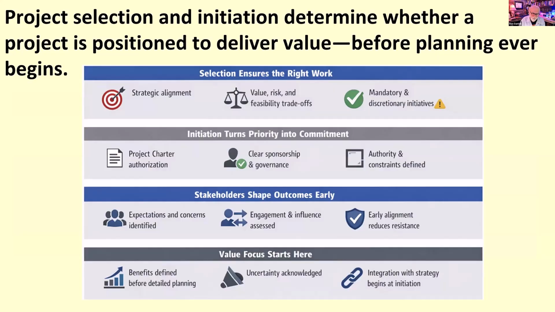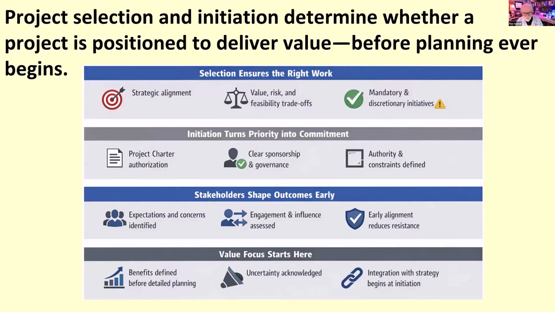We need to understand and remember that project success is largely determined before planning even begins, through all these processes, through selection. So it's about choosing the right initiatives in a constrained environment. And then initiation is about converting those choices into authorized and aligned commitments.